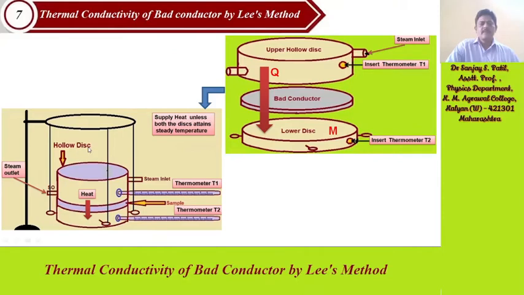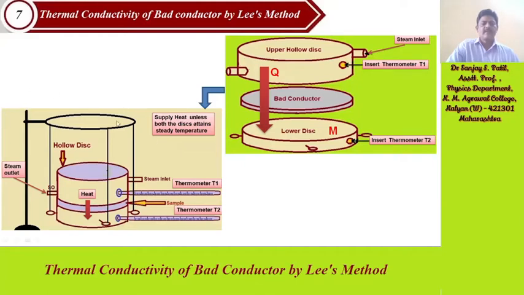Now we have made this type of arrangement: upper hollow disc, lower disc, and the sample kept in between like this. Thermometer T1 is inserted into the hole of the upper hollow disc and thermometer T2 is inserted into the lower disc.